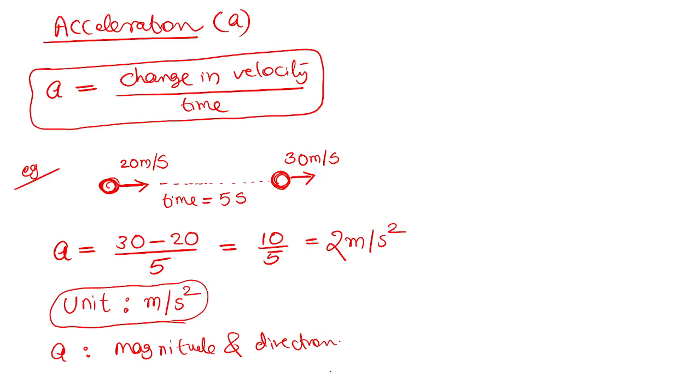Definitely acceleration will have direction because change in velocity is there in the formula. Velocity has direction, so naturally acceleration will have direction. Acceleration is a physical quantity having both magnitude and direction.